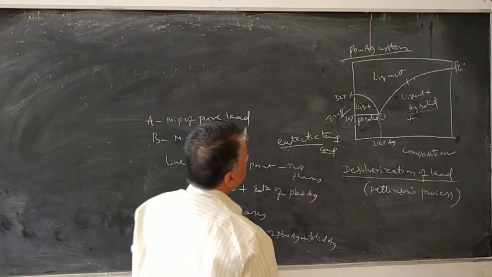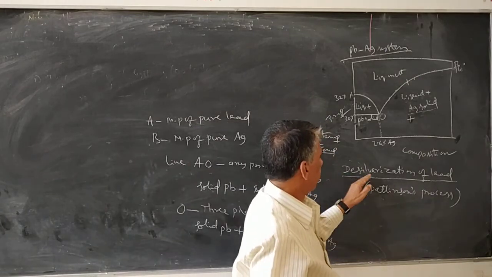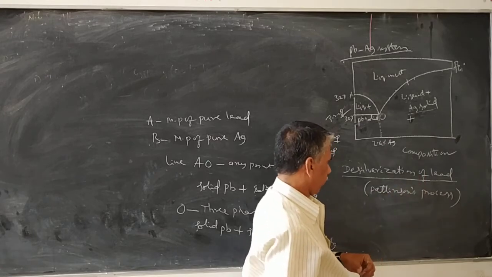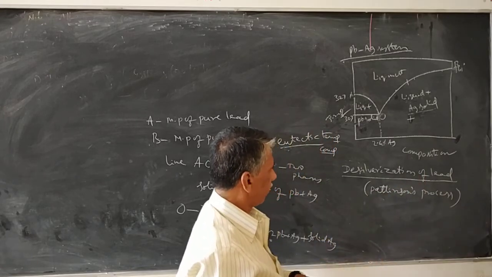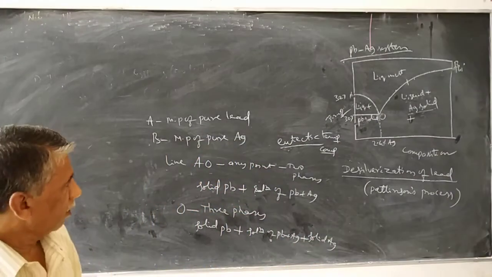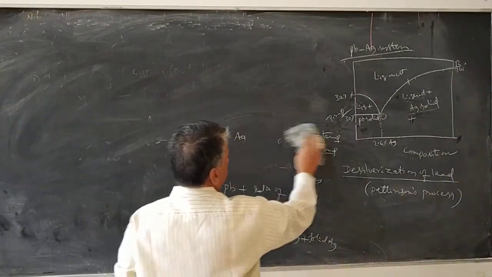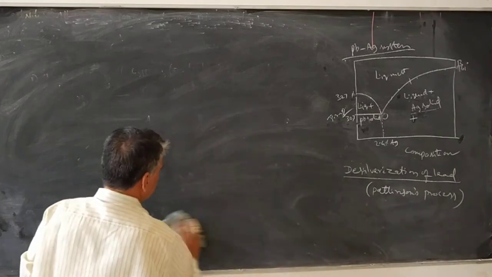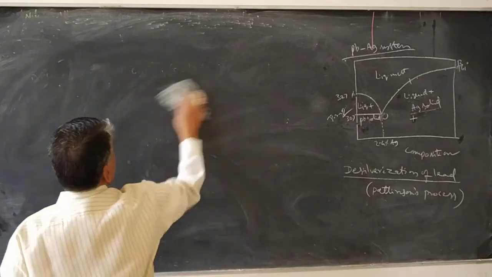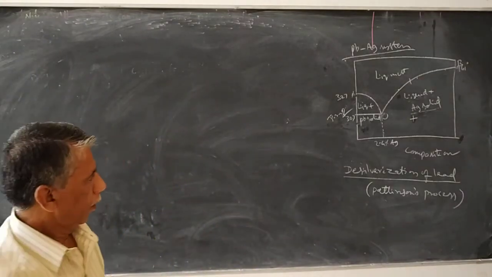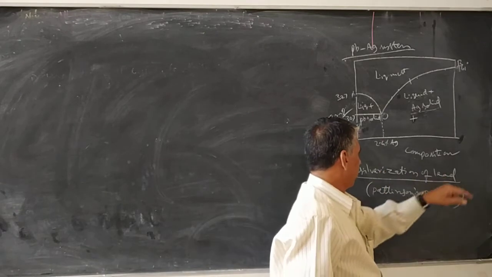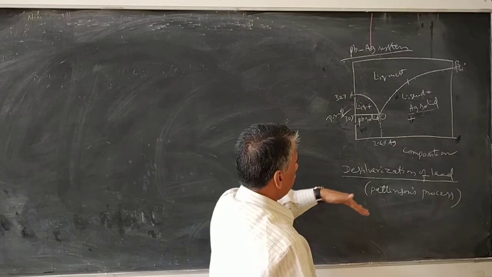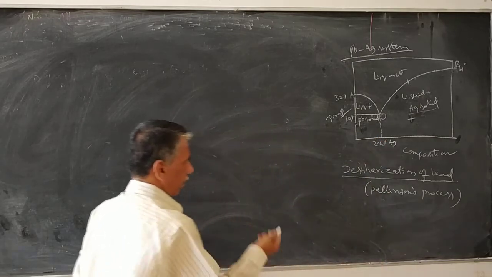Now we shall apply this to desilverization of lead, and the process is known as Parkinson's process. So how do you get this? That I shall explain now in brief. To explain desilverization of lead, let us apply the phase rule for this purpose.